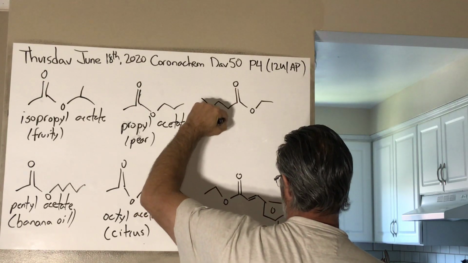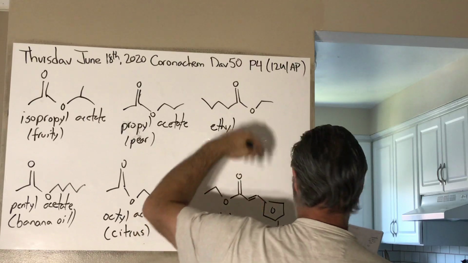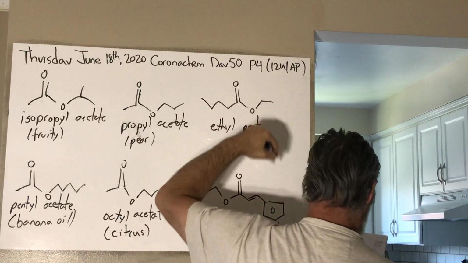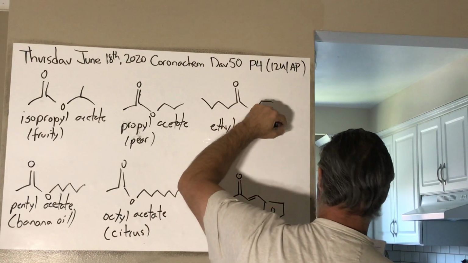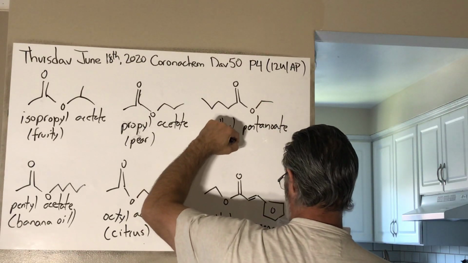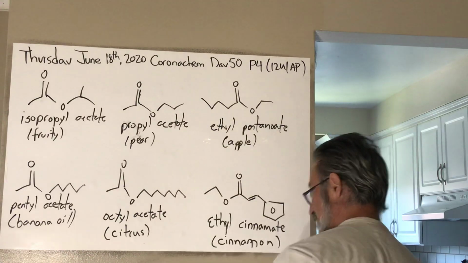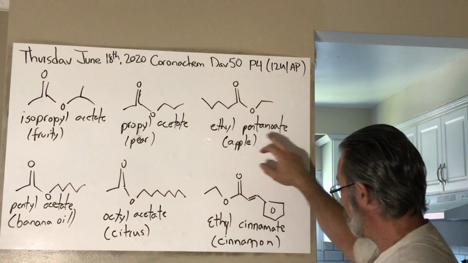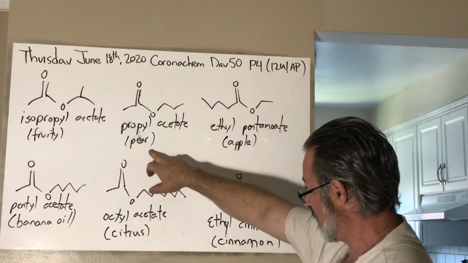It can also be related to the fact that if you give a cat something that contains sugar, I think most cats aren't interested in anything sugary. They might sniff at it for a second and they'll walk away. Ethyl pentanoate smells like apple. Propyl acetate smells like pear.